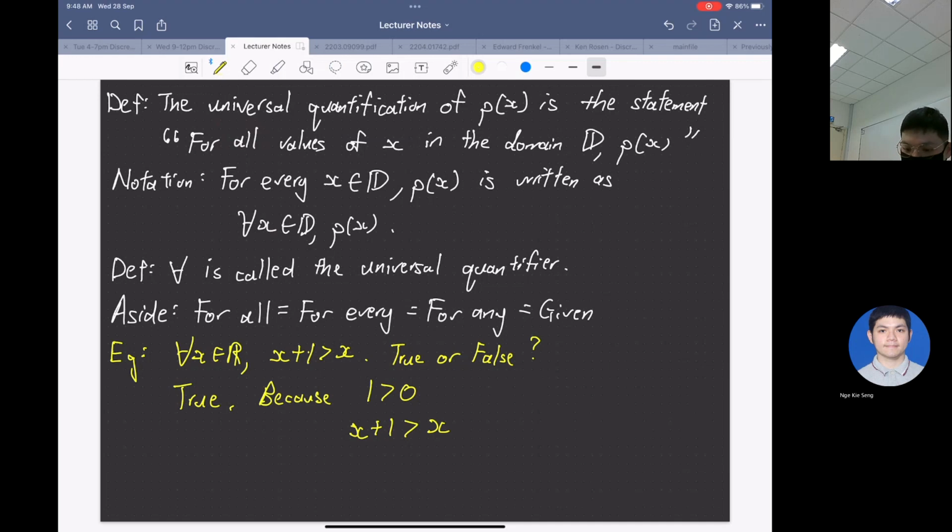I want you to notice that this x, I already took a specific x from R. In my mind this x is either 2, 3, or one and a half, one number. I take one number and add it on both sides, and then I do it for any x I pick. So that's why we prove that for every x in R, x plus 1 is greater than x.